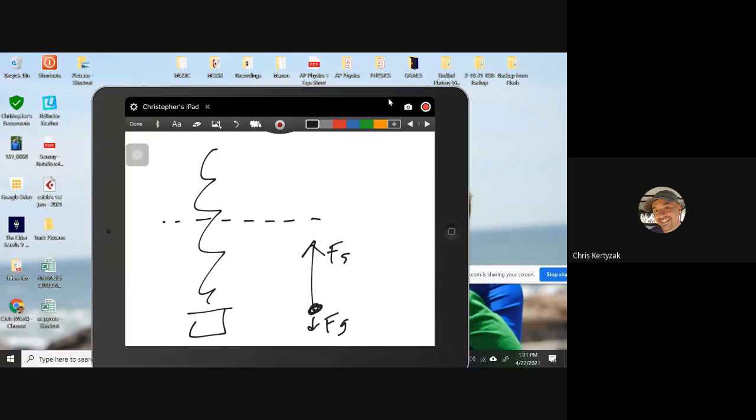And if it's moving in the downward direction and there's a net force that's up, because the extra amount of force is up, and it's moving down, then that means it should be decelerating and slowing down as it goes into this bottom position.